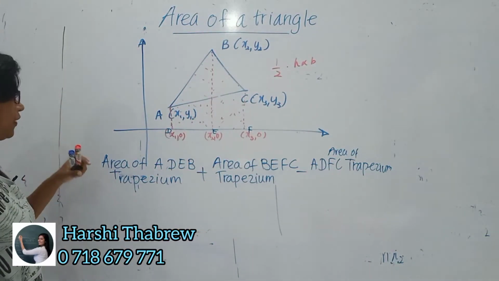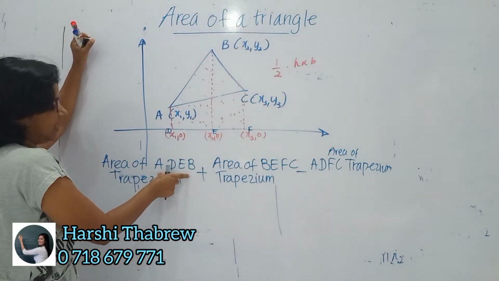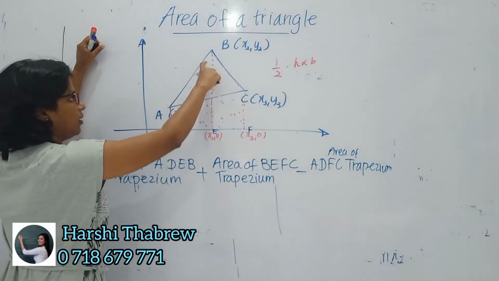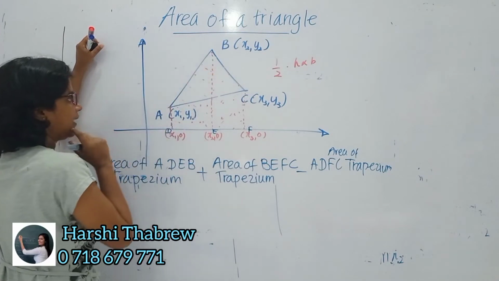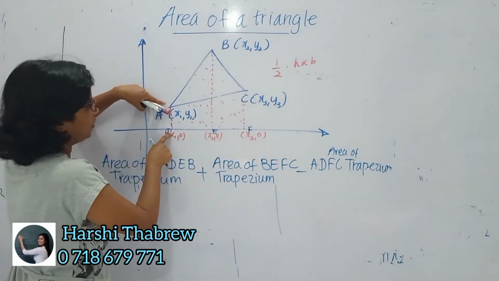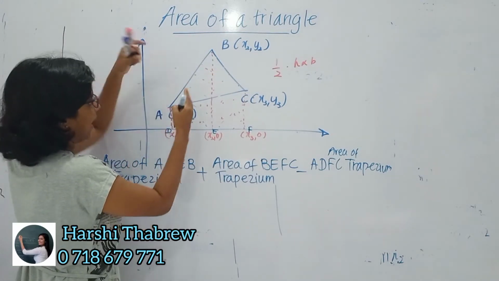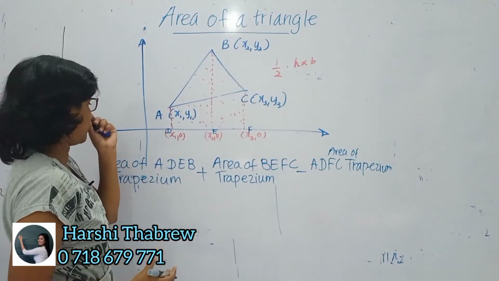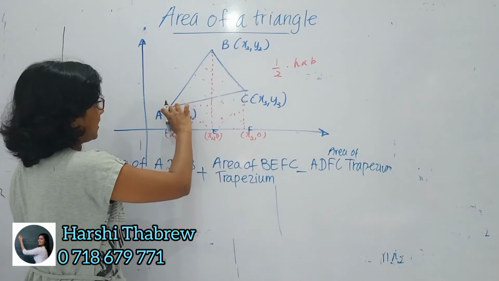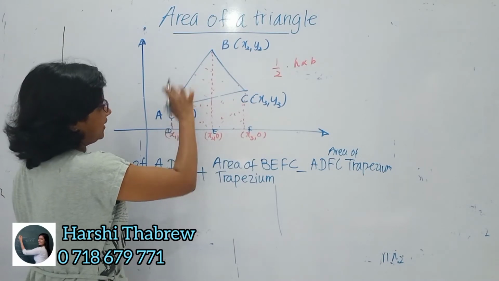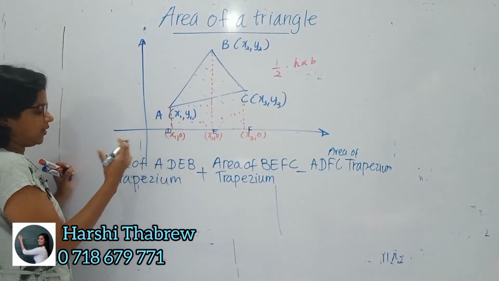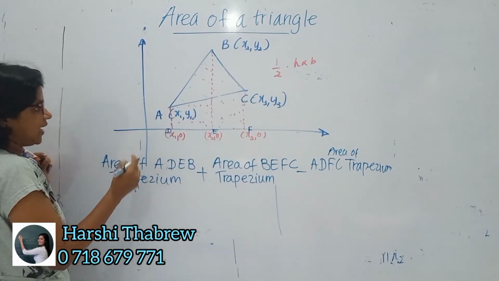Okay. Then to find the area of the ADEB trapezium, you should find the lengths of two parallel sides, and you have to divide it by 2. Then the two parallel sides are AD and EB. If I add these two and divide it by 2, it's like that.